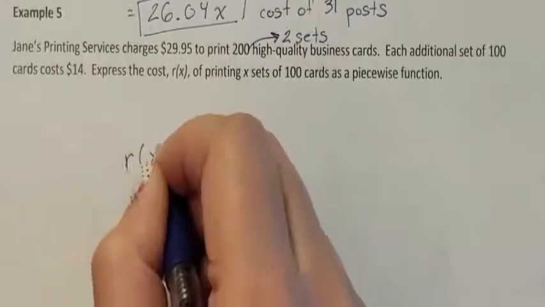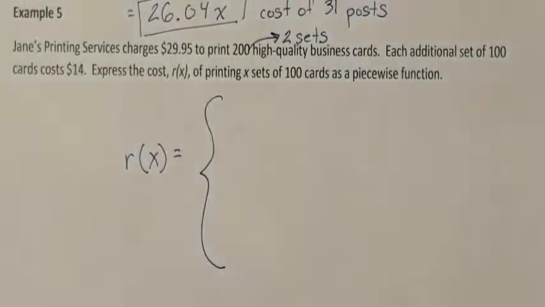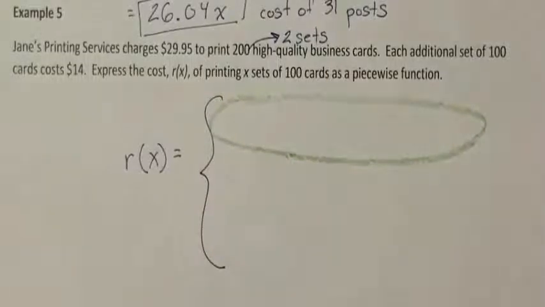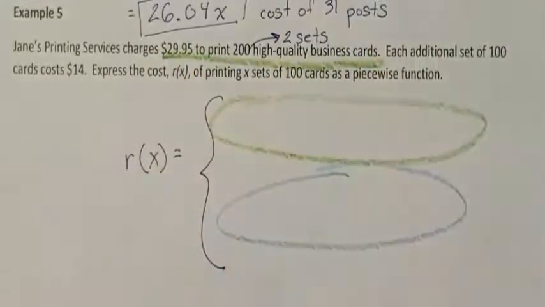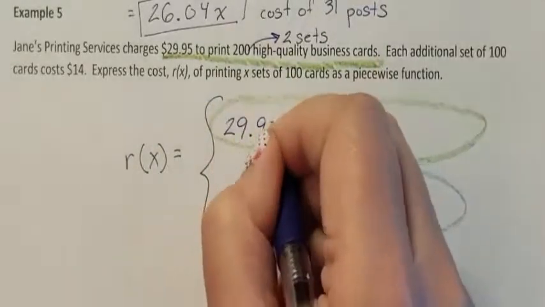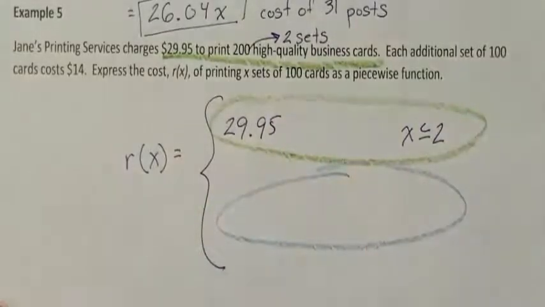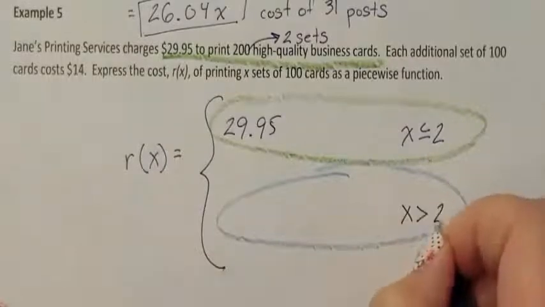So I have R of X equaling, here's my piecewise function, where I am going to need equation 1, and then I will need equation 2. Equation 1 is the original. It says that I am going to charge $29.95 for the first 2 sets. So $29.95 is going to occur if I am only doing 1 or 2 sets. Now, how much if I bought more than the 2 sets?